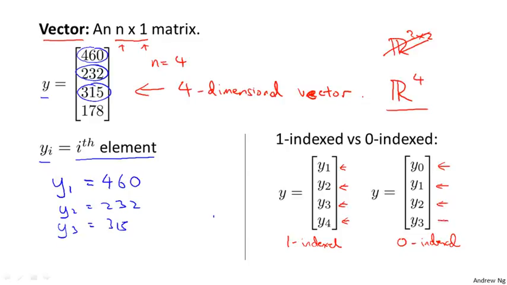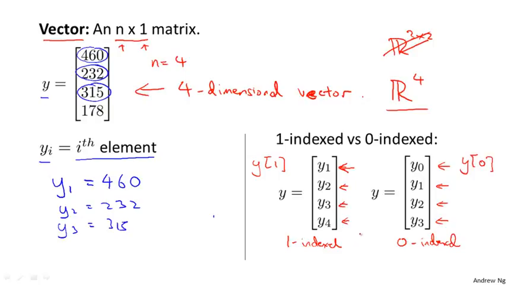So the elements go from y0 up to y3. This is a little bit like the arrays of some programming languages, where the arrays can either be indexed starting from 1, so the first element of an array is sometimes y1, this kind of C++ notation, I guess, and sometimes is 0 index, depending on what programming language you use.